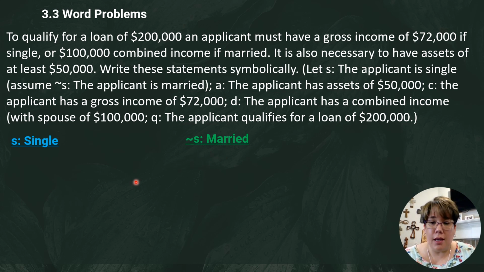Anytime they've given me a variable, I'm going to label those whenever I put them underneath single and married. Also, I'm going to mark them out as I put them underneath the column, so I can make sure that I have gotten all the information from the problem.